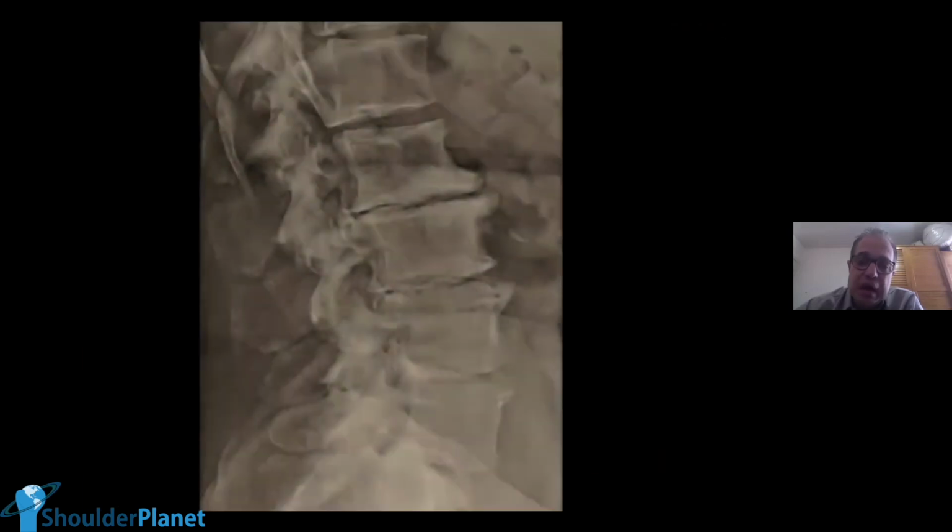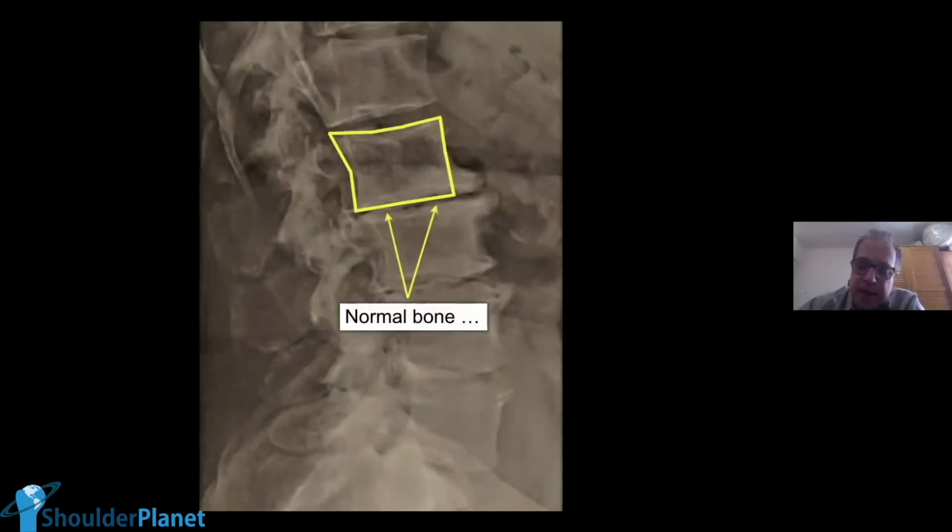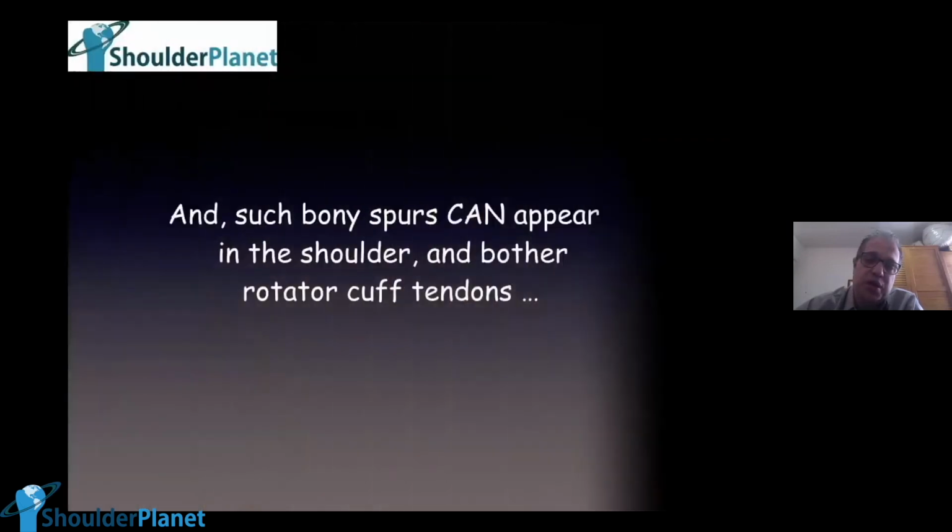Let's see again, this is a very old spine with a lot of spurs. This is the original bone, the bone that was made by nature in the very normal vertebrae. But this extra bone here, this is the spur. This is a bony spur that we call a bony osteophyte.